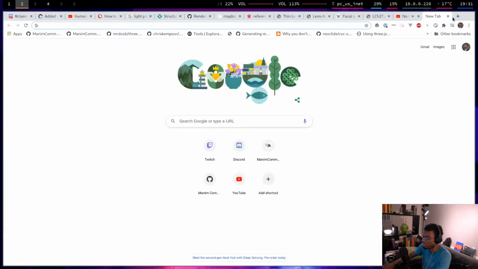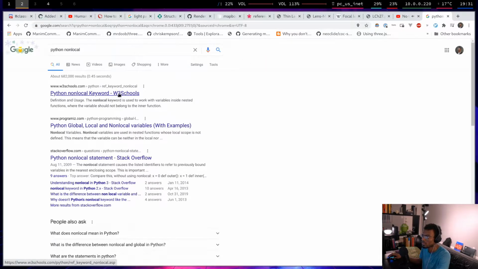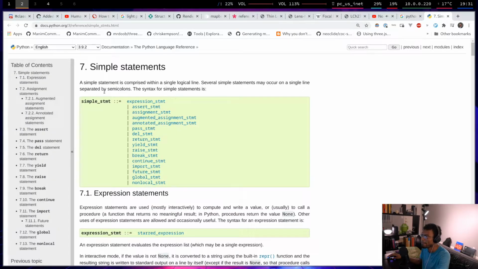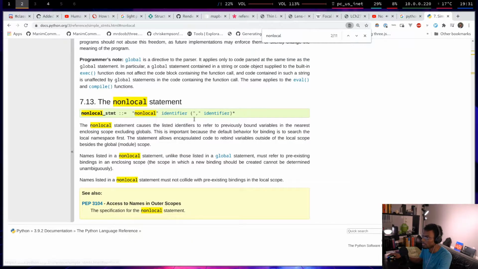Nonlocal is something I just vaguely remember. Where is the documentation? All right. The nonlocal statement causes the listed identifiers to refer to previously bound variables in the nearest enclosing scope, excluding globals.